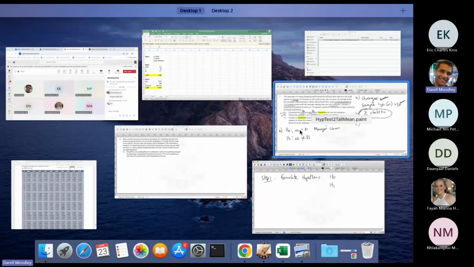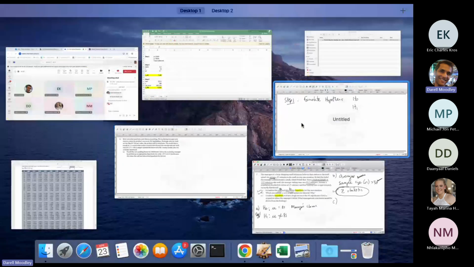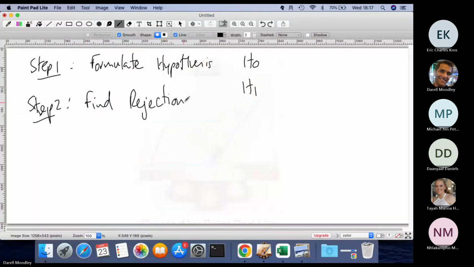And if you look at what we've done so far, we've done that for question A. So we've already done step 1. Then the next step is to find your rejection region. So that's your step 2. We're not there yet, but we'll get there.